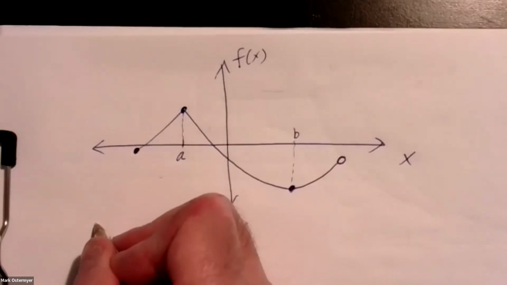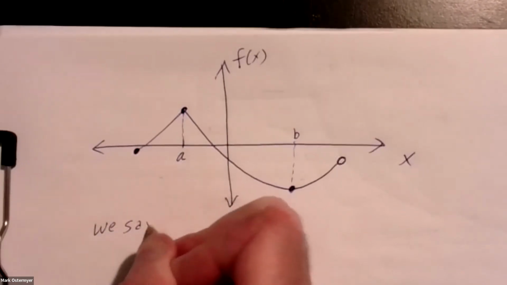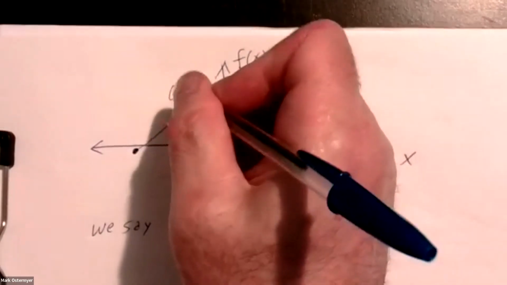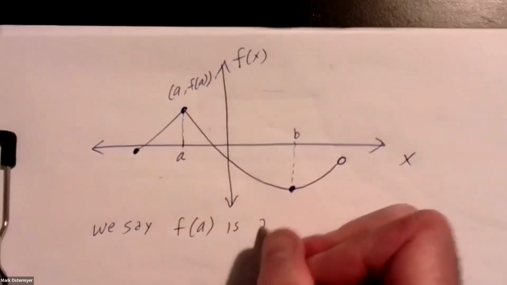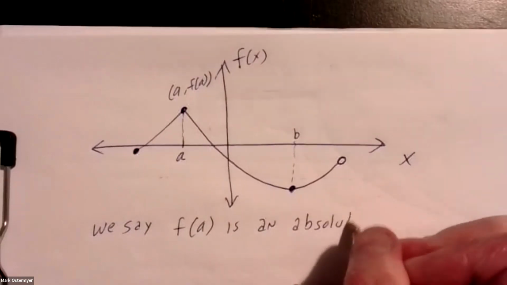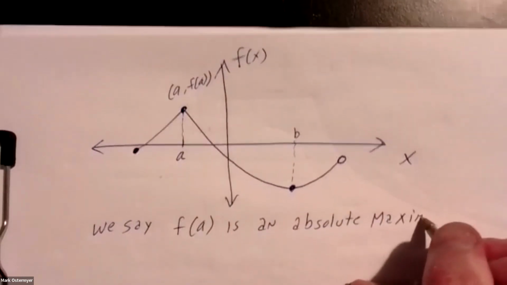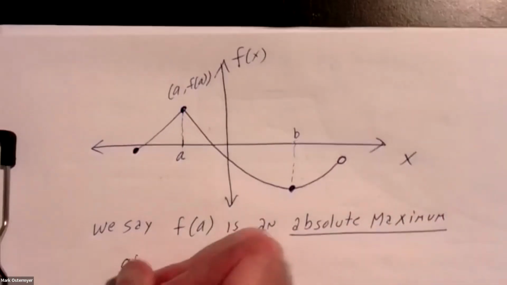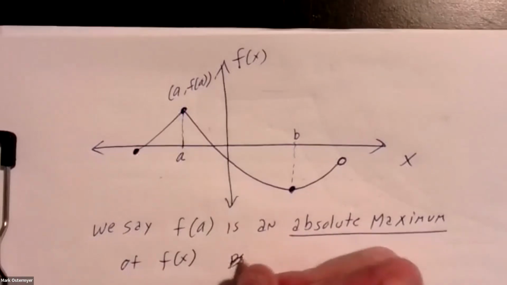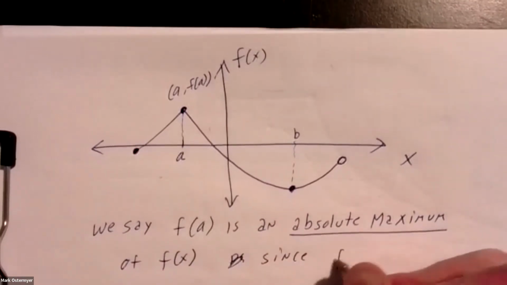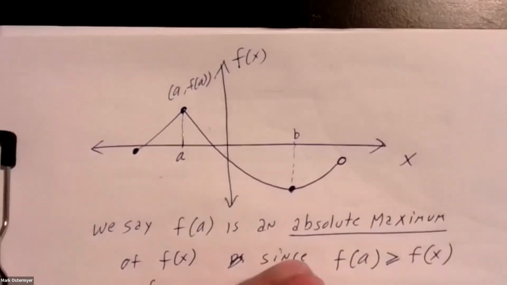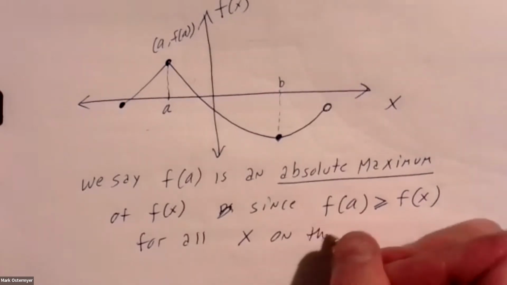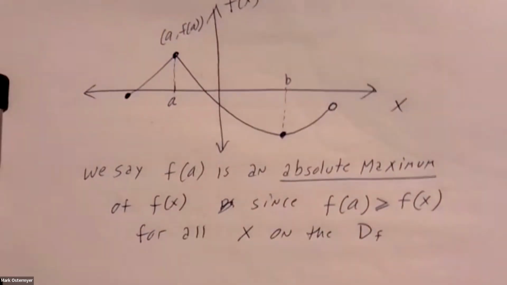We say at this point here, f of a, we say that f of a is an absolute maximum of f of x, since f of a is greater than or equal to f of x for all x on the domain of function f of x.